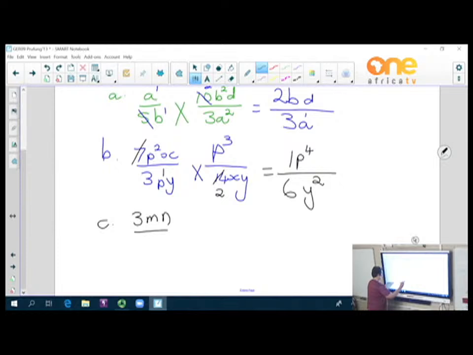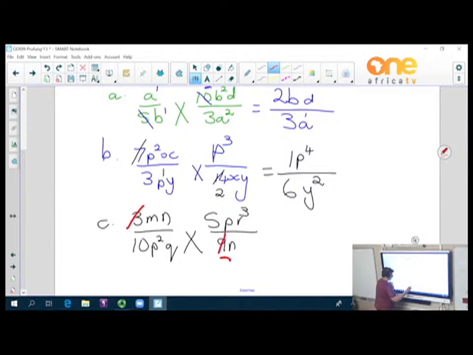3mn over 10p squared q. I immediately do that first step to multiply with a reciprocal, and that is then 9n. So now we have to look what can cancel out. 3 divides into 9 3 times. 5 divides into 10 2 times.